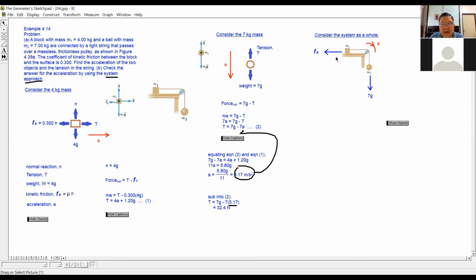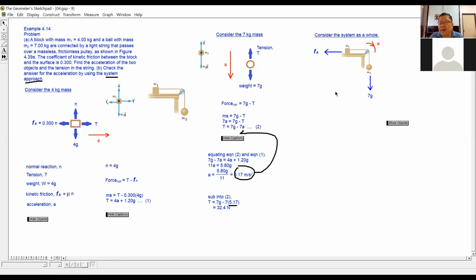Earlier on we have tension in the string here and here. But if you look at the system as a whole, the forces acting on the system are the 7 kilogram mass, which is pulling it down, and the frictional force, which is opposing the motion.